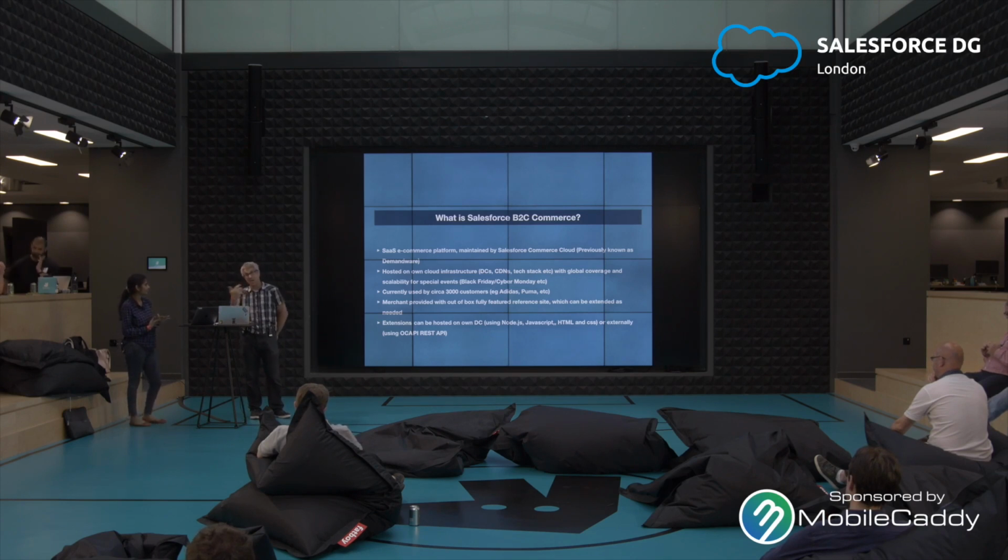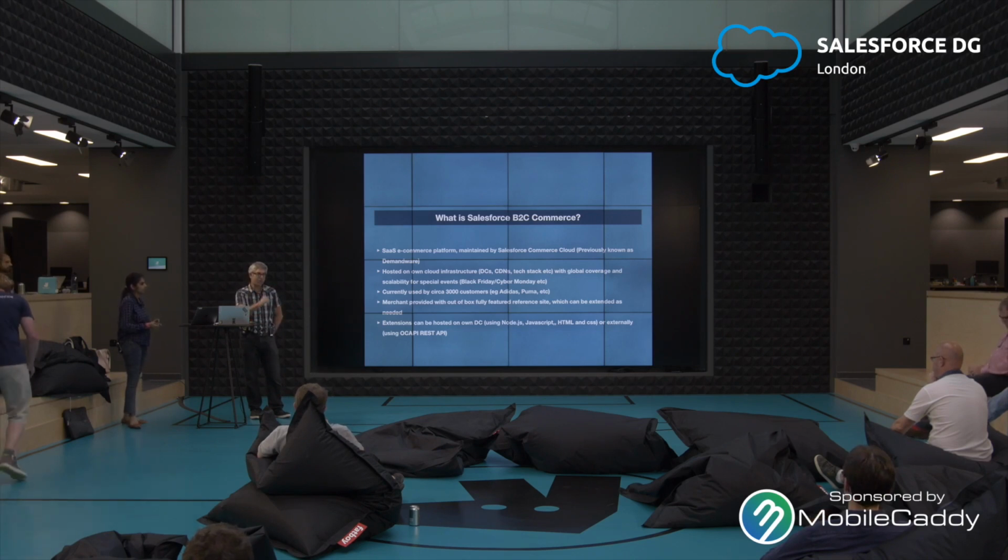Adidas, Puma, Marks & Spencer, where we are at the moment, and so on. A merchant is provided with a full set of out-of-box features, so you can deploy it plug and play, just put your images and run a shop, or you can customize it as you see fit, which is partly what we'll talk about.